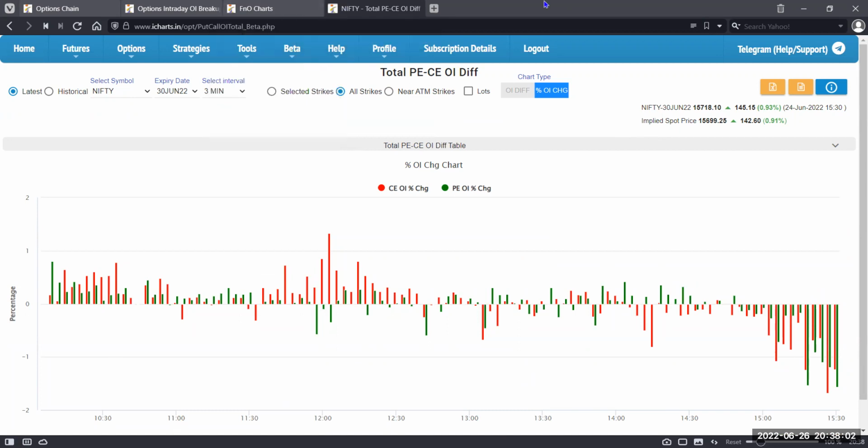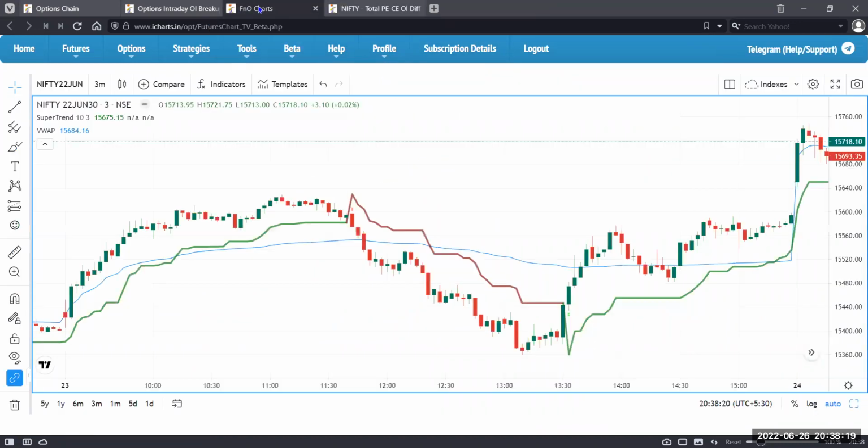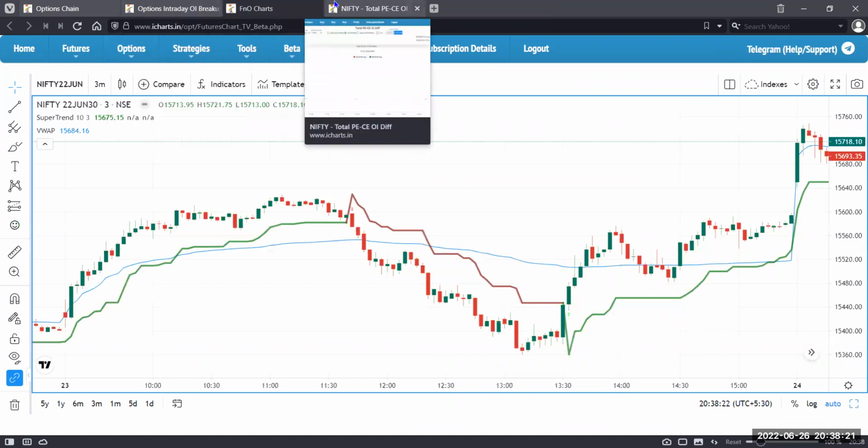Sir, Rajesh, here one query. Sir, the example which we are seeing, you are a very experienced trader, so I would like your input. We were doing that intraday trading example of the 24th, where the signal came at 11:40 based on the options data. Is it necessary that we also look at the futures data?